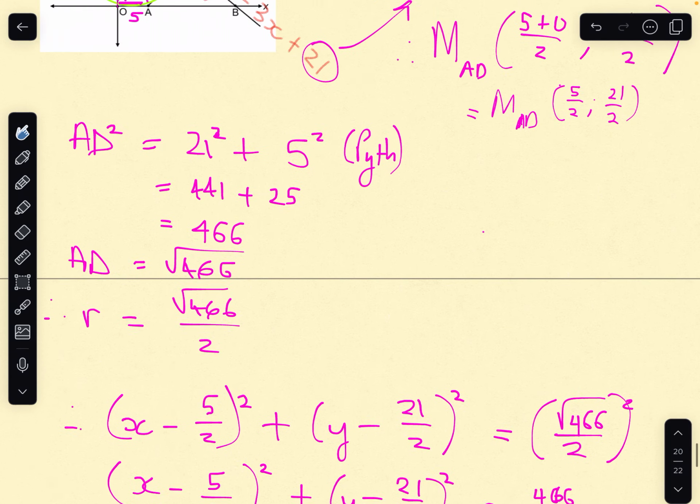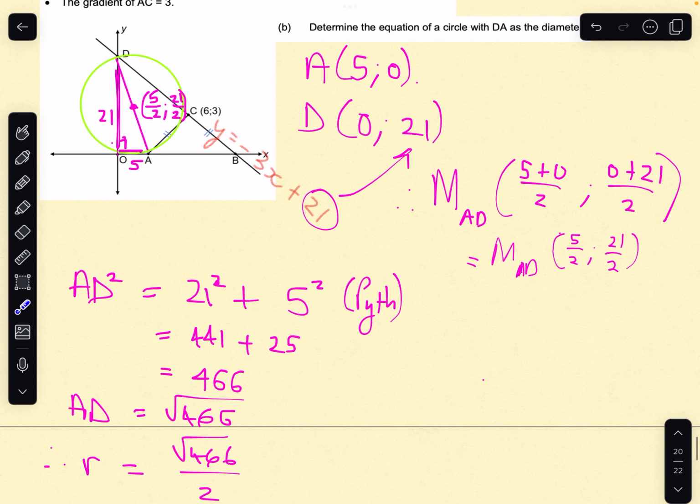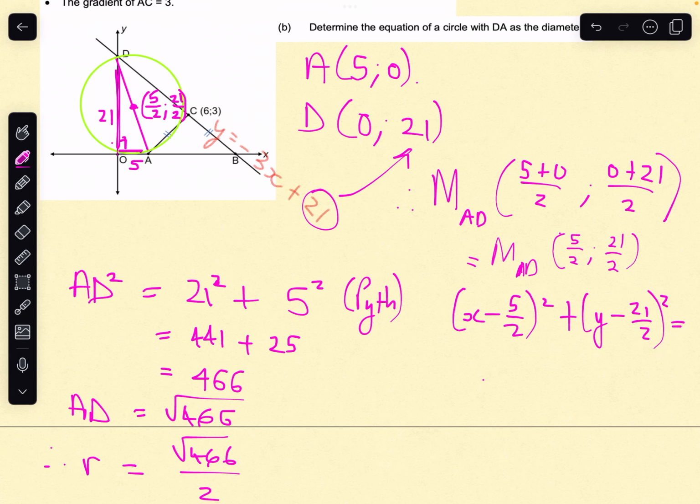Wonderful. So they didn't even go into this whole mission. What they did was go straight into equation mode. They said we know a couple of points that lie on this circle, so we're going to sub in either one really. You could sub in A or you could sub in D. So D would be 0 minus 5 over 2 squared plus 21 minus 21 over 2 squared is equal to R squared.